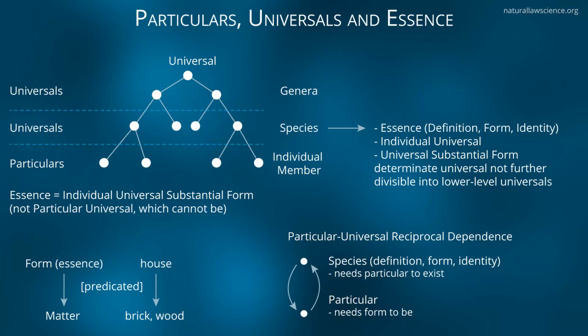The house does not exist without the brick or the wood. That's why it's predicated upon the brick or the wood. So that's how we're tying in matter, form, induction and deduction, grammar and logic, and we're tying it into the predication. So that should be powerful for you to understand right there.